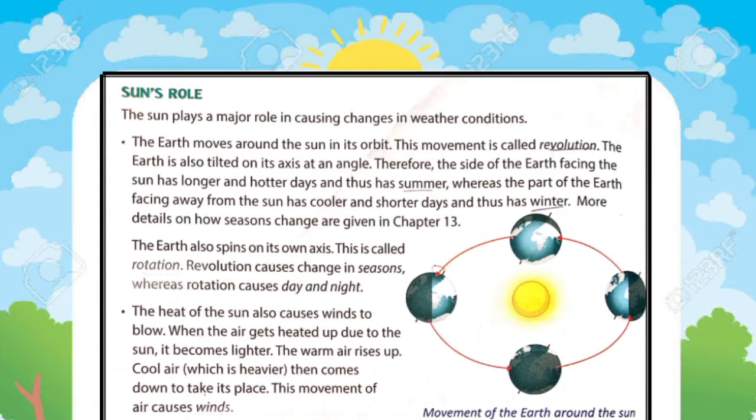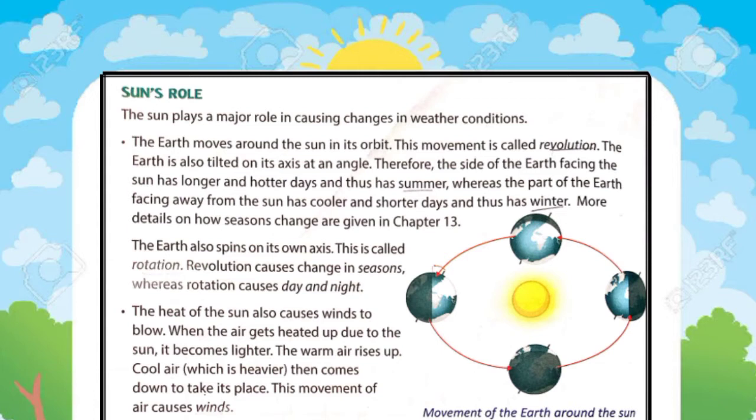As you know, the earth moves in two different ways. Earth revolves around the sun once a year and rotates on its axis once a day. When the earth's orbit makes a circle around the sun, at the same time the earth revolves around the sun.